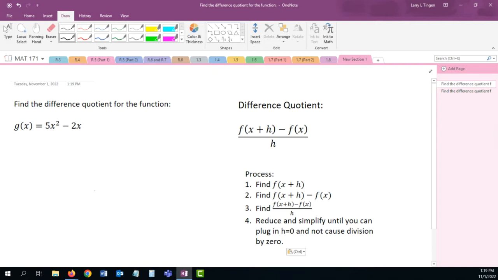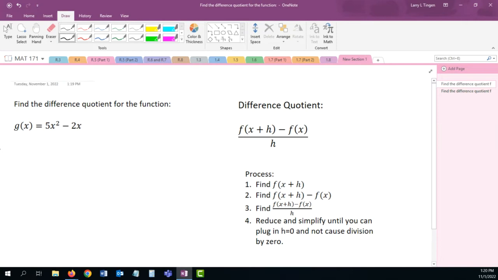And I've given you, in this problem, g of x. g of x is 5x squared minus 2x, and I want you to find the difference quotient for this function. The difference quotient by itself really doesn't make any sense. It's the difference quotient of a function. So yes, the difference quotient here has f as the title of the function. This is called g.